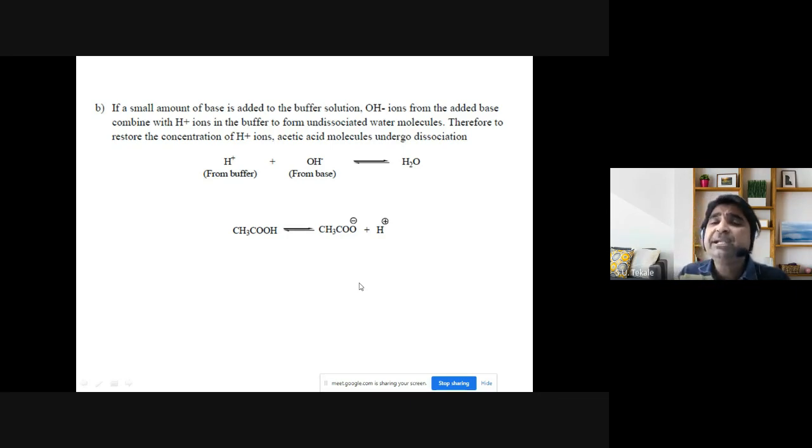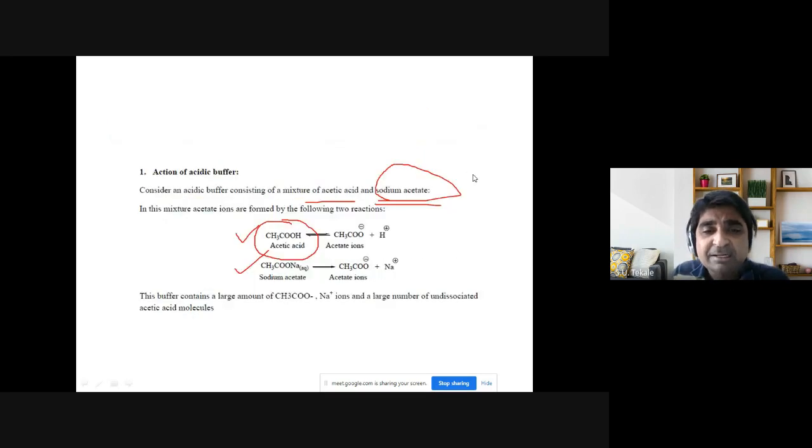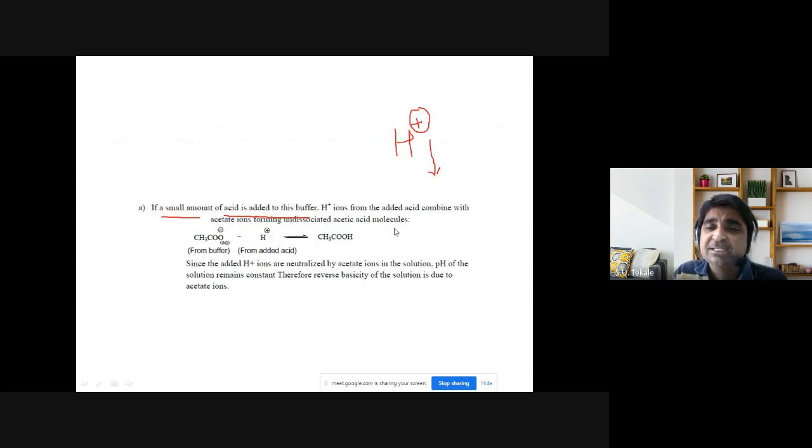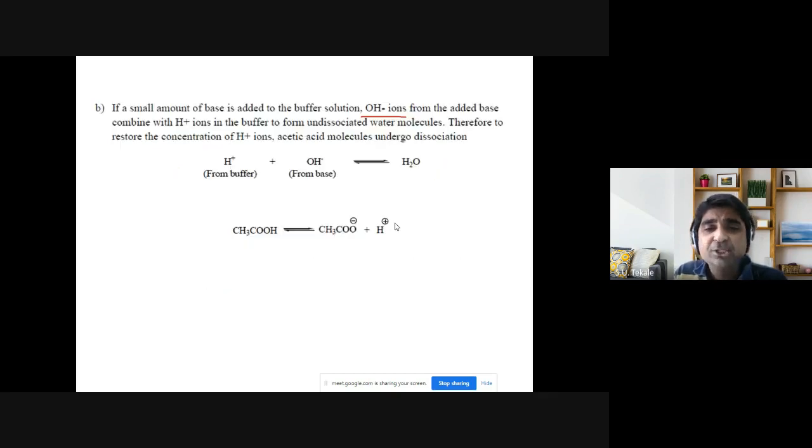So if we add some base, meaning some OH minus ions, what will happen? The OH minus ions from the added base will try to combine with the H plus ions which are there in the solution.